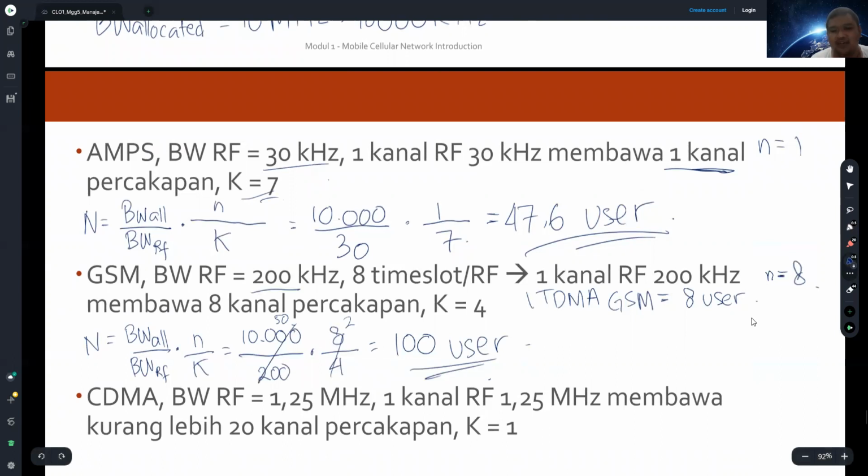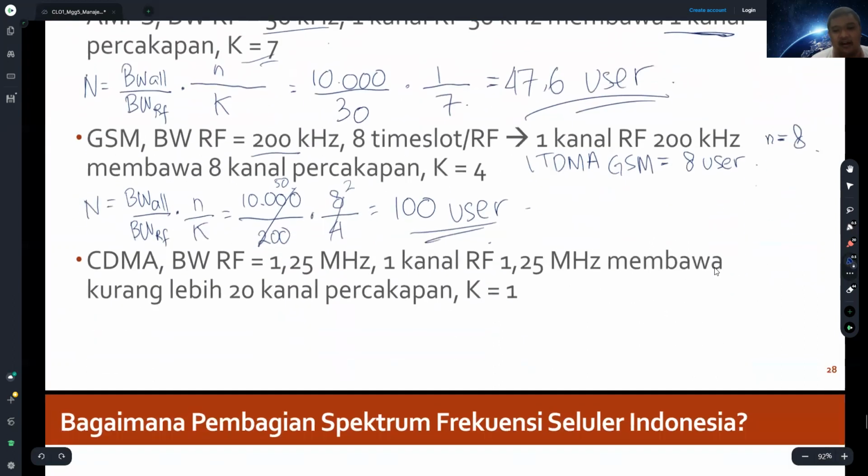So we could see that using this GSM technology, we could improve the number of users from 47 up to 100, right? So let's say we are using the CDMA technology. Using the same formula, we could find the calculation: bandwidth allocated divided by bandwidth RF times n per K, right?